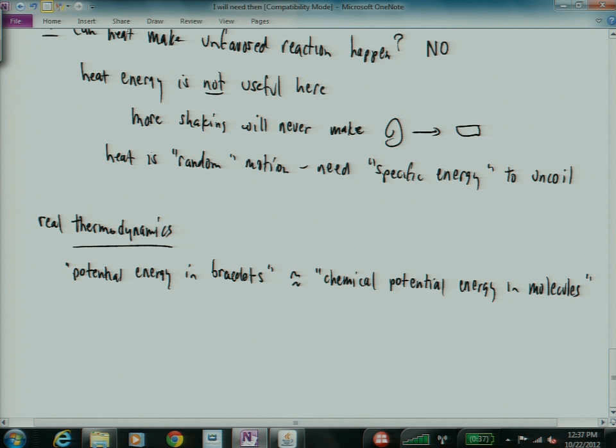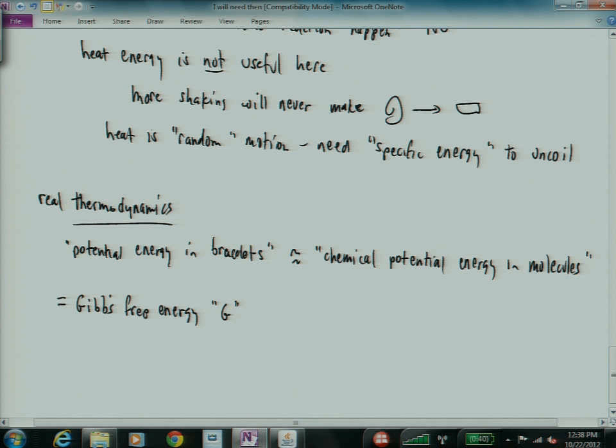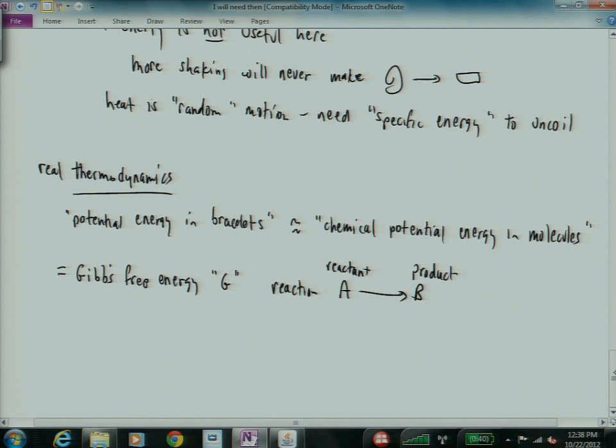Suppose you have a reaction A going to B. This is called the reactant, and this is called the product. If delta G is negative for that reaction, then that means A to B is favored and B to A is unfavored.